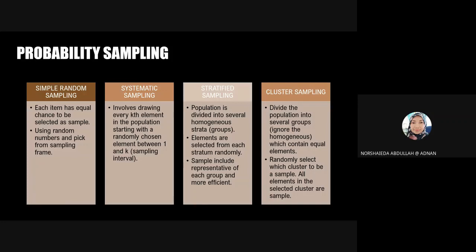Okay, so every member in that cluster will be selected as sample. Kalau stratified, kita kena pilih sample tu daripada setiap strata. Each strata tu mesti ada sample from each strata. Kalau cluster, kita just select one or two clusters ke, depends lah. Okay, berapa cluster yang kita nak. So the whole element in that cluster will be the sample.